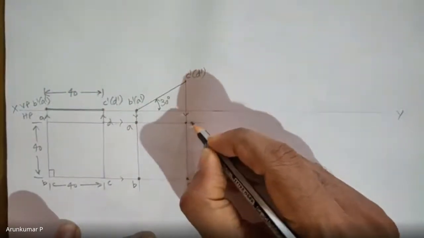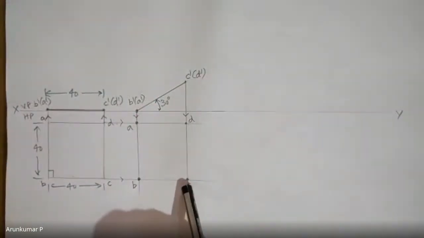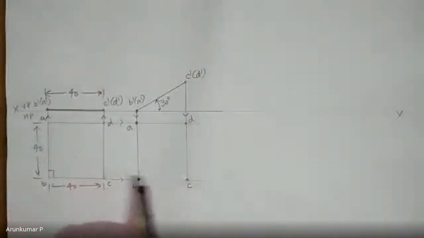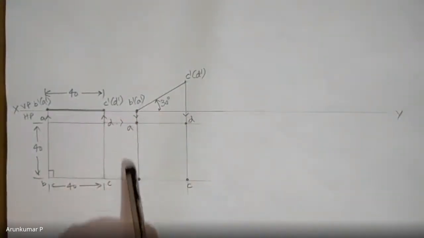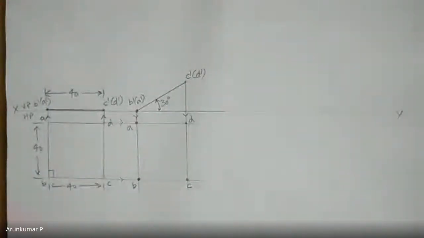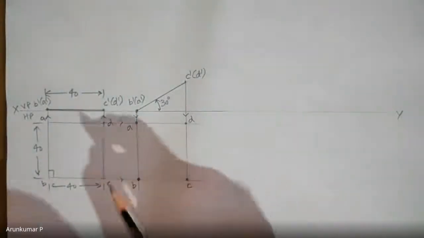This point is D. So this is how you project the front view and the top view and locate the intersection points. Once you have located, you can join them by straight lines. Already they are joined. AB, BC, CD, DA are already joined by straight lines.